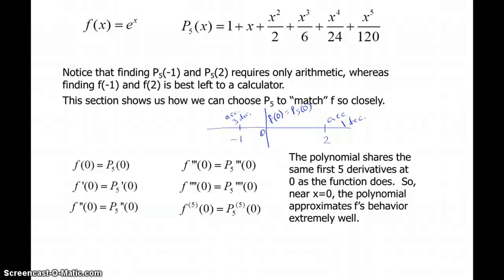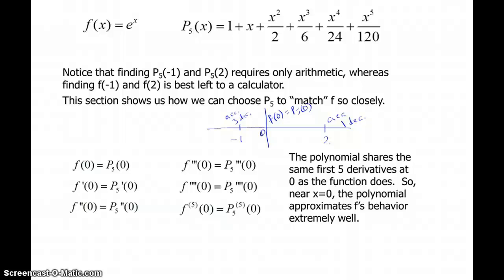So we're going to see how p sub 5 was chosen, or technically built, to match our function f so closely. And again, when we loop back around at the end of this whole series section, we'll see why these approximating polynomials are so helpful and what they have to do with our series work.